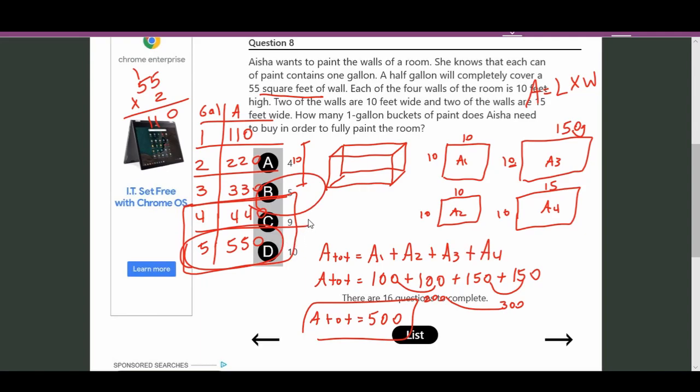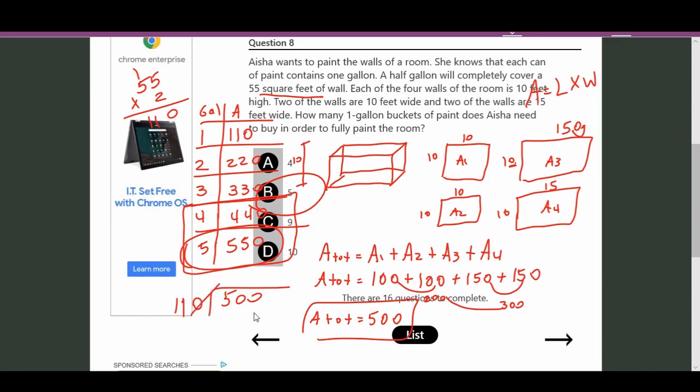Again, this problem required you to understand how to calculate the area of a rectangle multiple times, and then it prompted you to double the gallon to make a full gallon, and then do some additional mental math to figure out how many gallons of paint you're going to need. Again, there would be nothing wrong if you did 500 divided by 110.